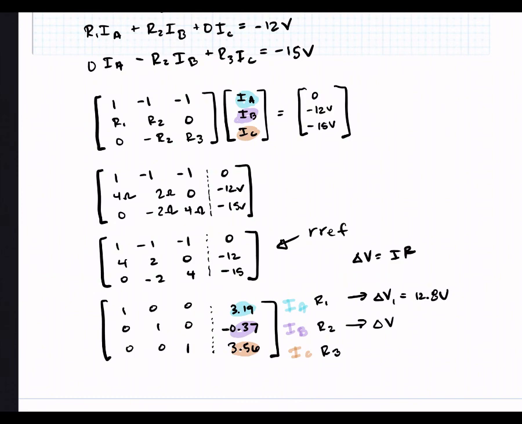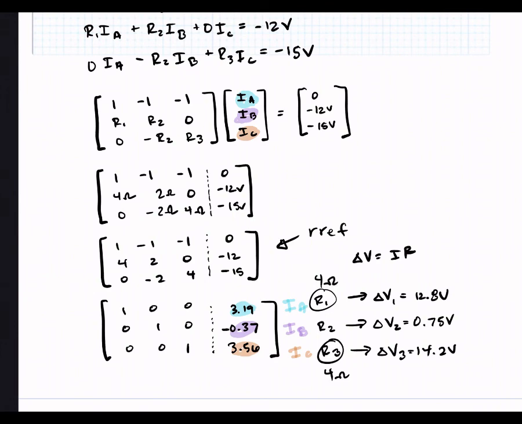This is going to give us a delta V2 of 0.75 volts. And this is going to give us a delta V3 for resistor 3 of 14.2 volts. So remember, R1 and R3 are both 4, and R2 is 2 ohms.